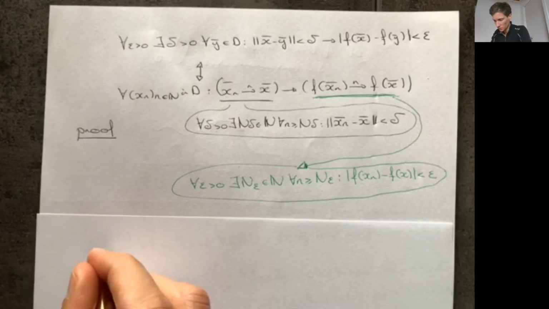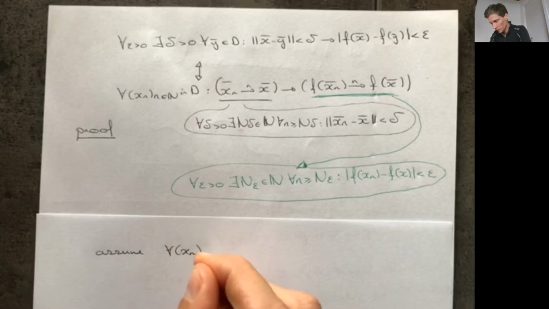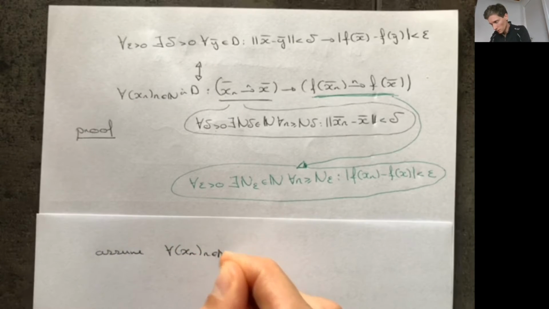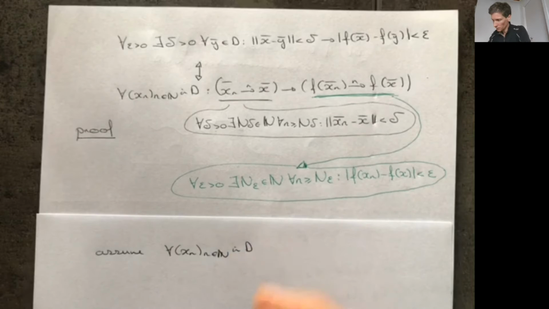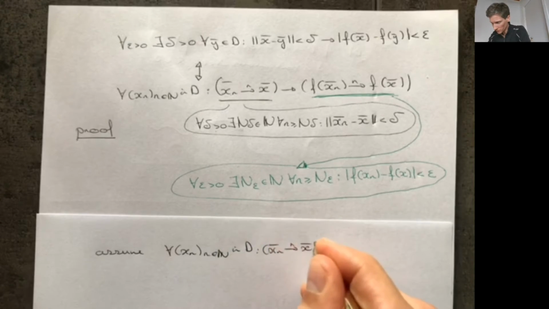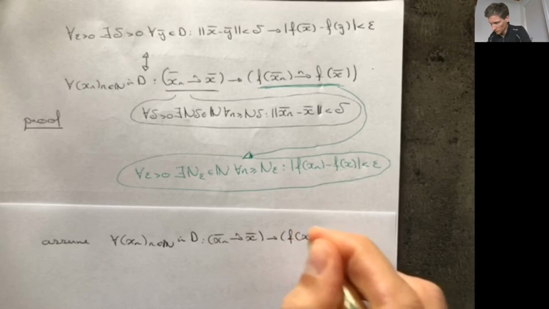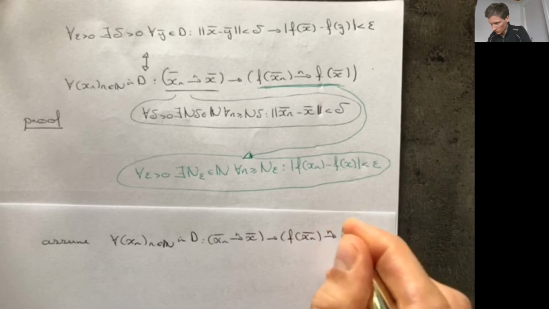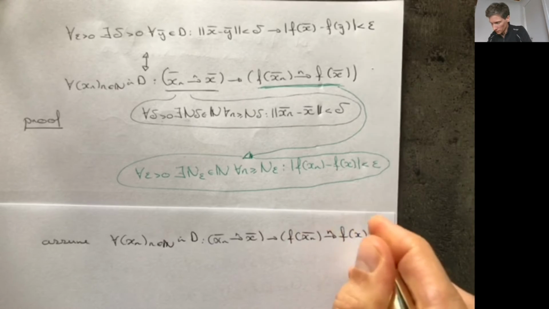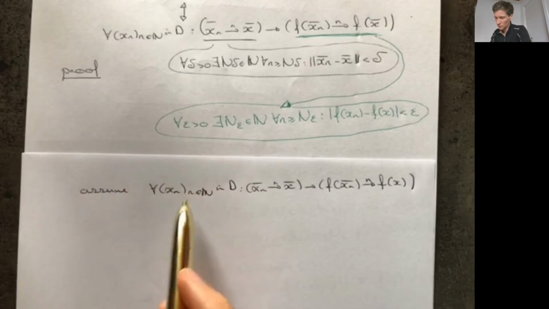Okay, so assume that for all sequences xn and delta, xn converges to x implies that f of xn converges to f of x. And we assume that this is false.